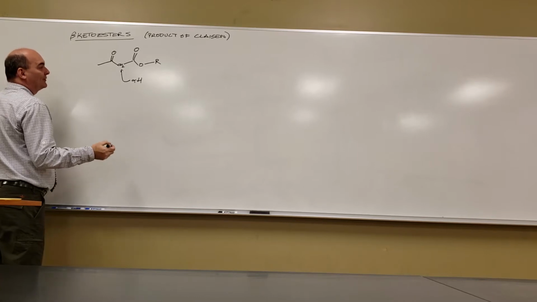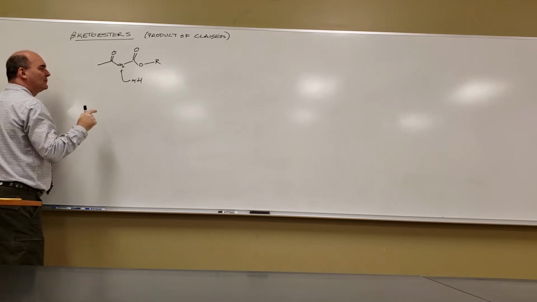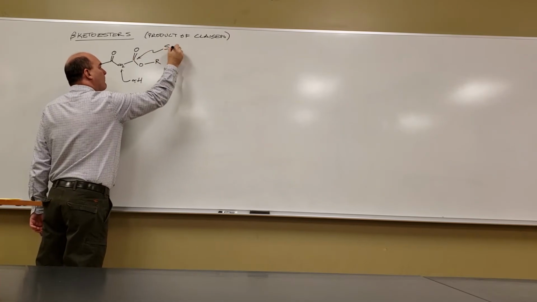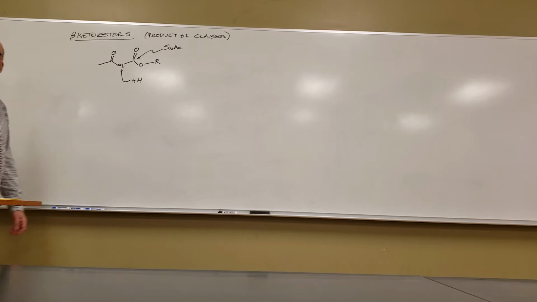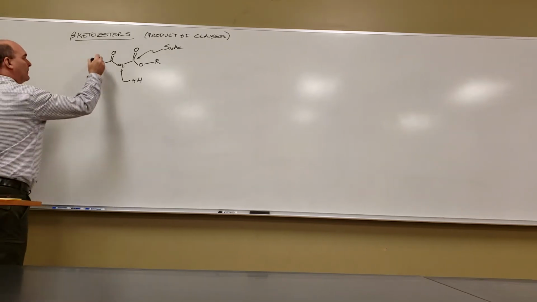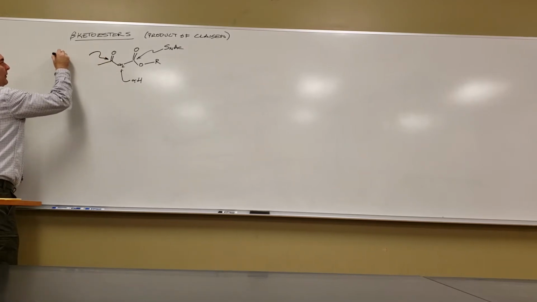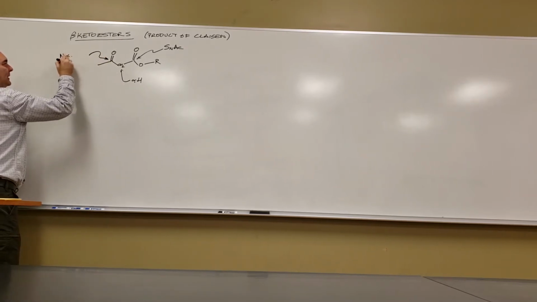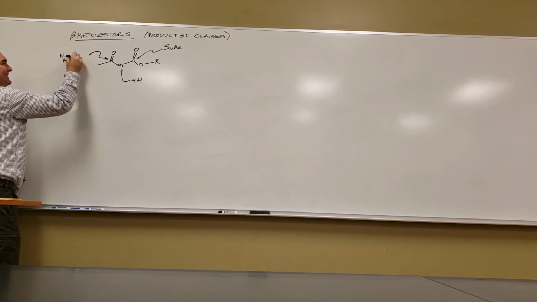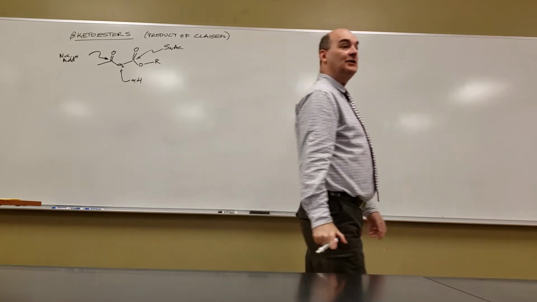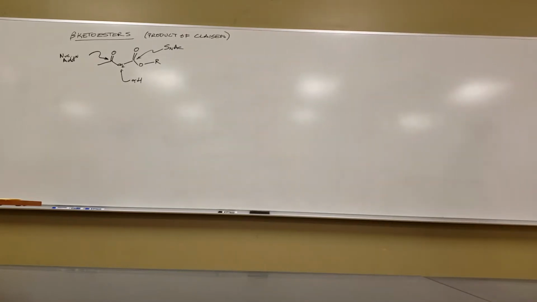All right, so this molecule has three places for reaction. I've got the alpha hydrogen. I've got nucleophilic acyl substitution right there. And I've got nucleophilic addition right here. Ketones react with nucleophiles by addition.